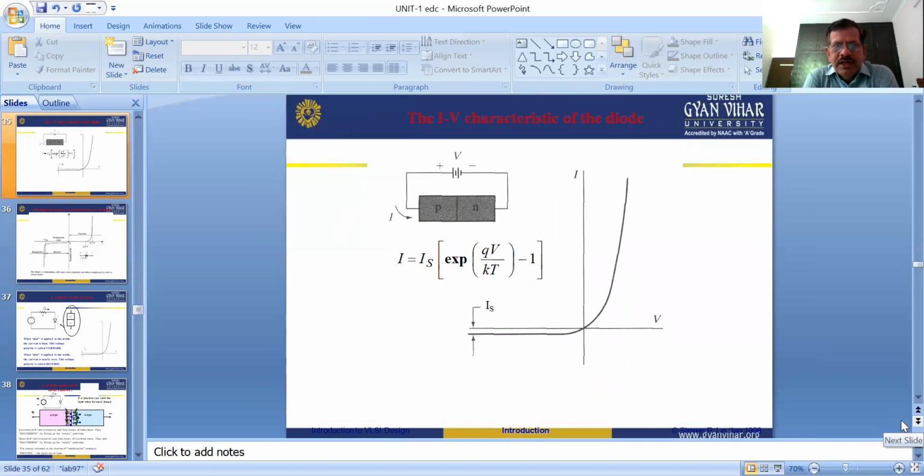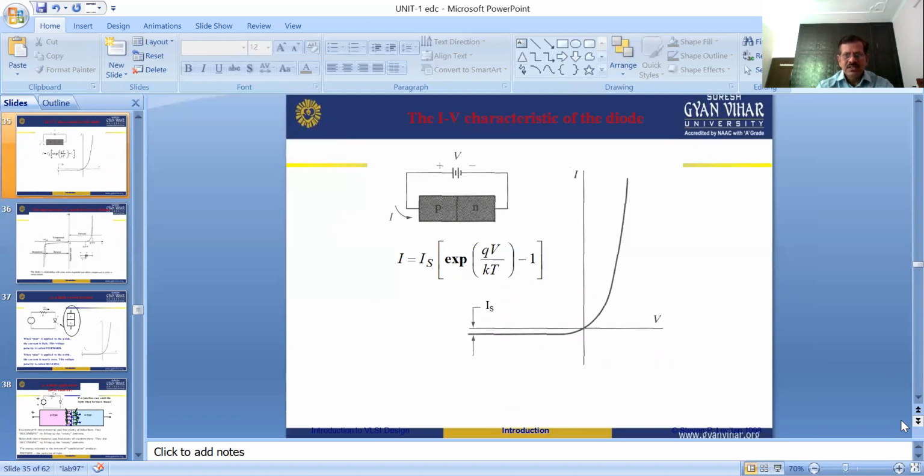Now we take the VI characteristics of the PN junction diode. Here we see a simple PN diode, and we can apply an external voltage to it. That external voltage is called a biasing voltage.